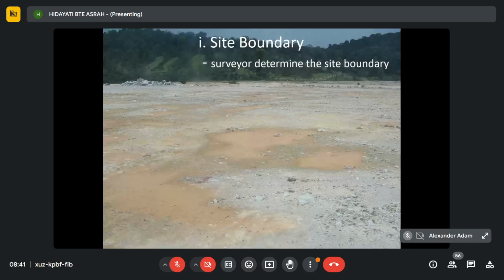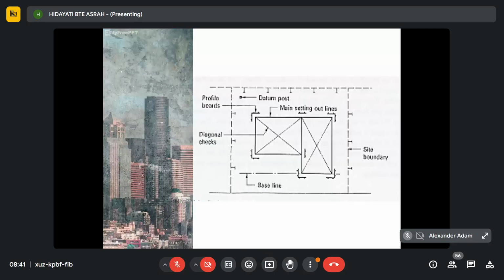It's so important. From this picture, let's say this is the site boundary of your construction site.